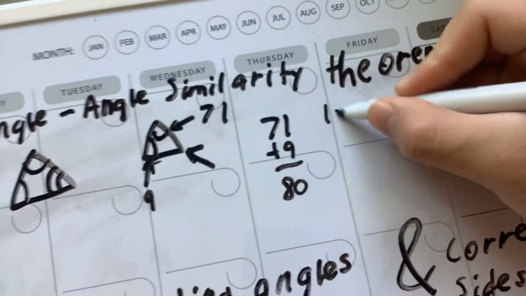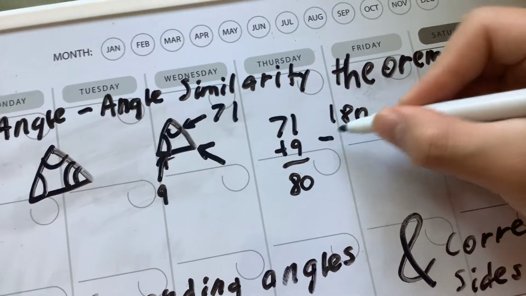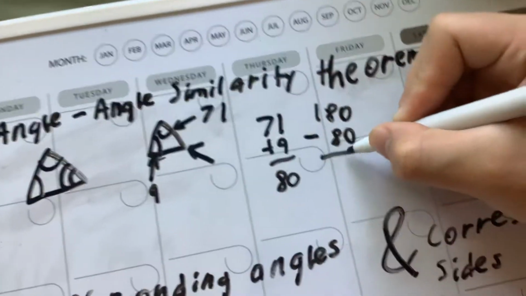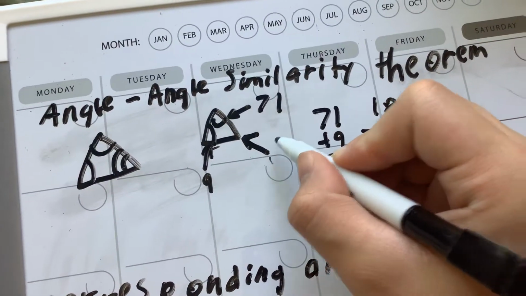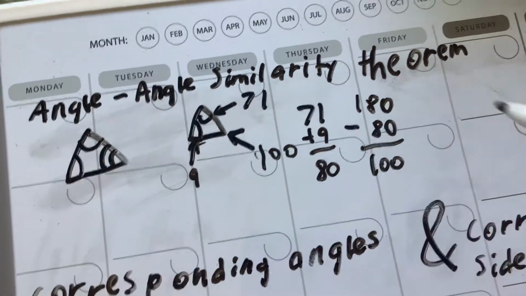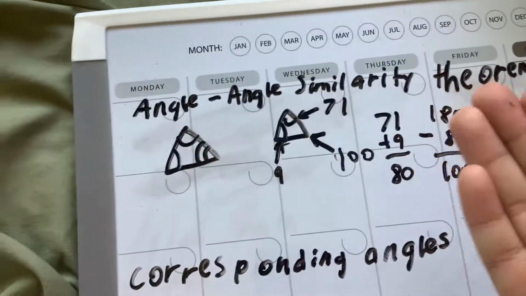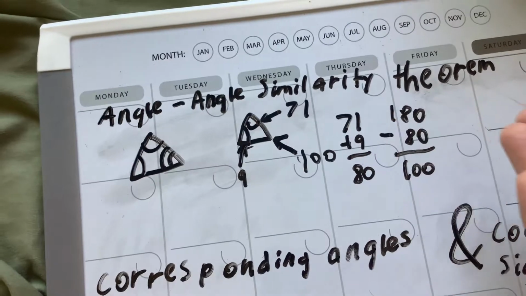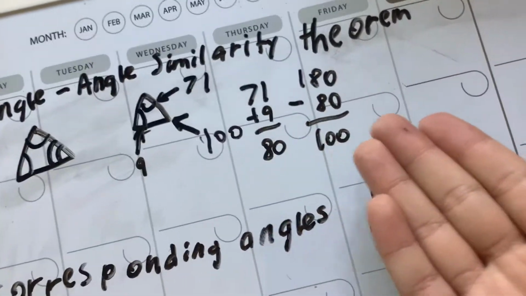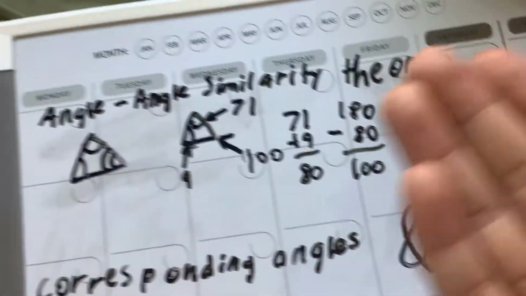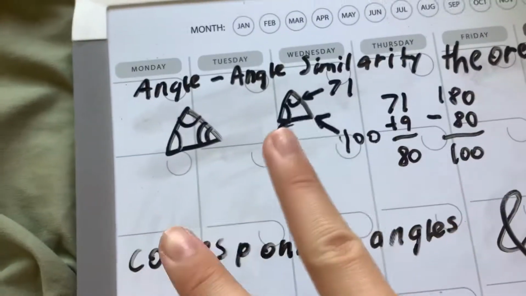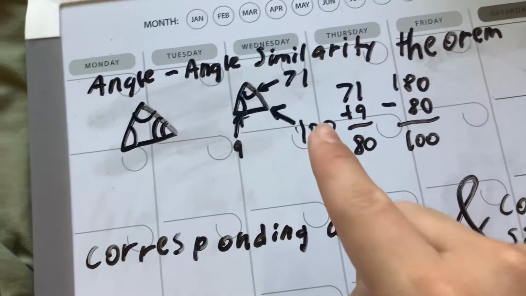Now, the total angle measurement is 180, so minus 80 off of 180, you'll get 100. And that is when 100, that's when this thing comes into play. As you can see, this is the equation. Angle similarity theorem means that if you have two angles that you know, the third angle is easy.